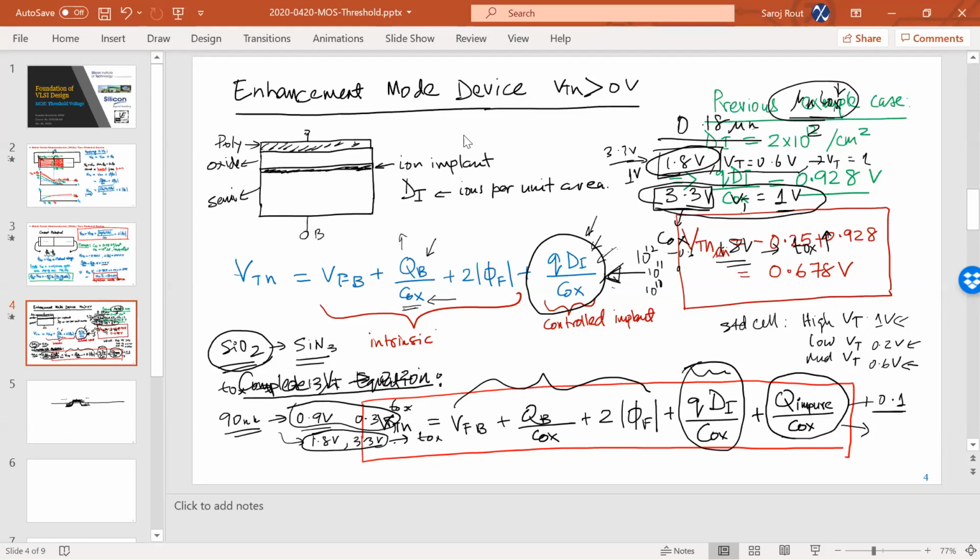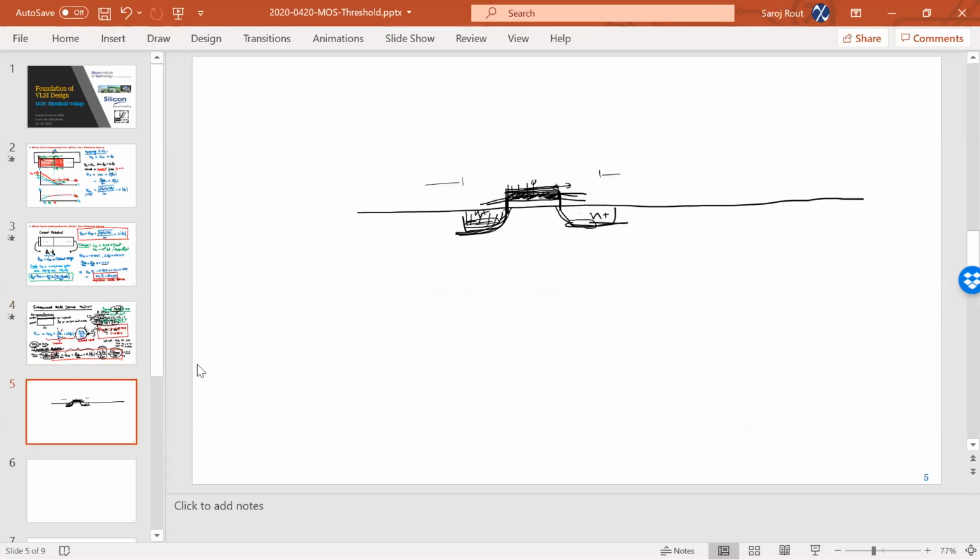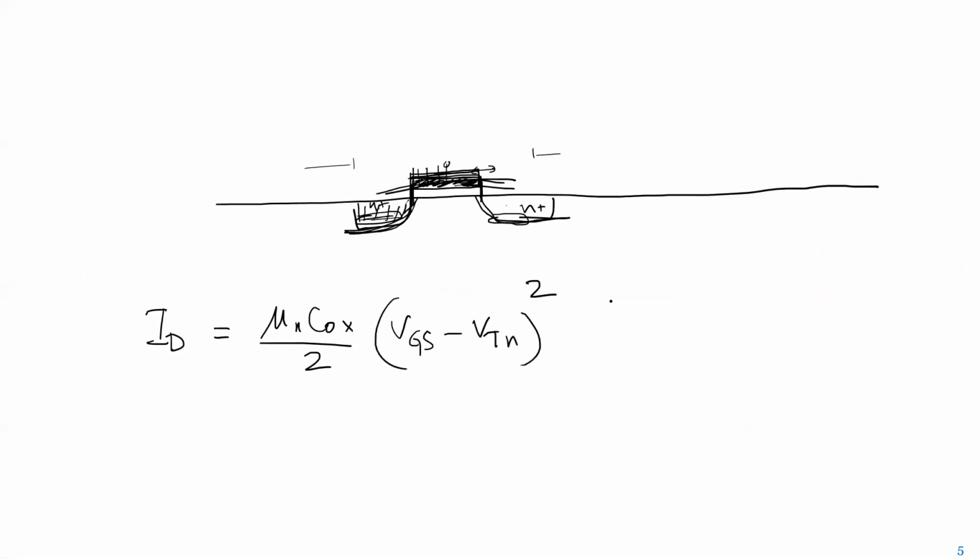Good question. You kind of jumped ahead a little bit because you're talking about this equation now. Let me bring it up. The saturation current ID is mu n Cox over 2 times (VGS minus VTN) squared. You're saying that when the temperature increases, mu n decreases and VTN decreases as well.